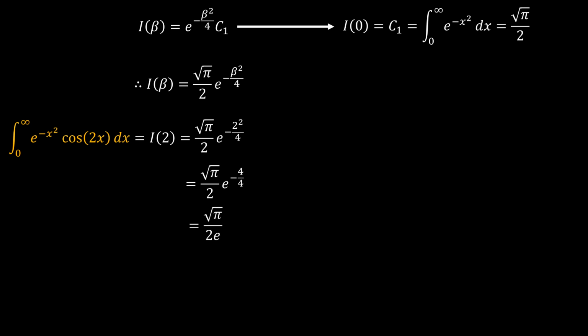So our last step here shows us that the answer to our problem is root pi over 2e. And obviously this e here comes because e to the power negative 1 is 1 over e. So that is the answer that was being sought.